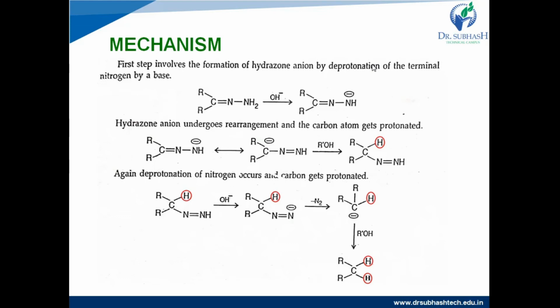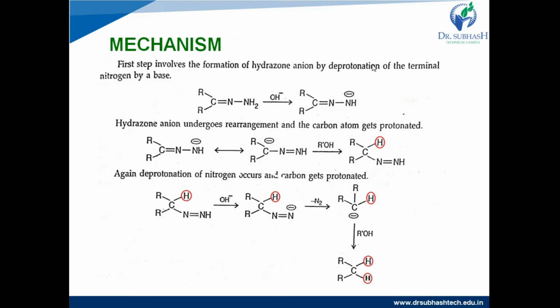In the next step, again deprotonation of the terminal nitrogen occurs and the carbon gets protonated. See, in the terminal nitrogen again there is one hydrogen atom. Again OH minus base abstracts that hydrogen in the form of a proton, and the negative charge will be gained by the nitrogen and forms the anion.